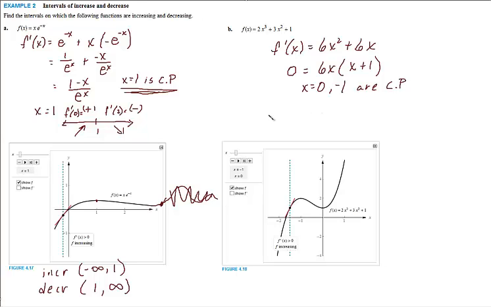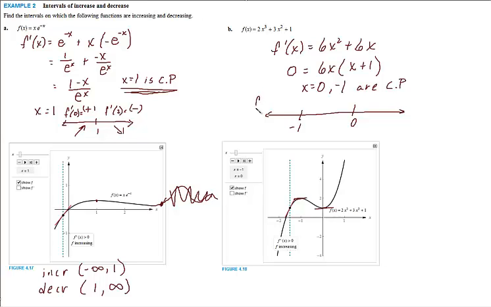I need to check to see if it changes directions. Alright, I know that the derivative is 0 here, which means that at negative 1 I have a horizontal tangent line. I need to know what it's doing here on the left side.